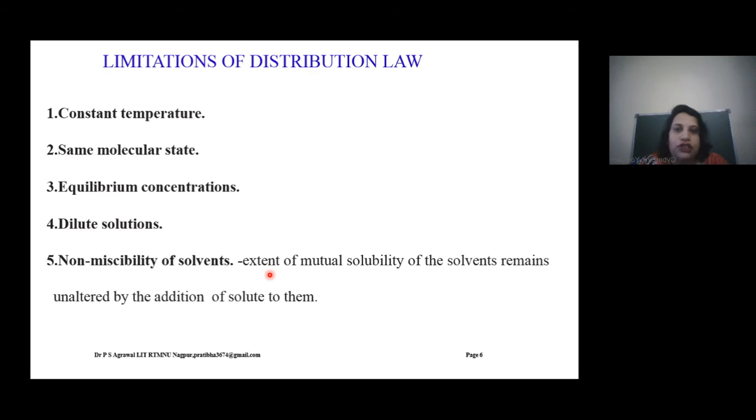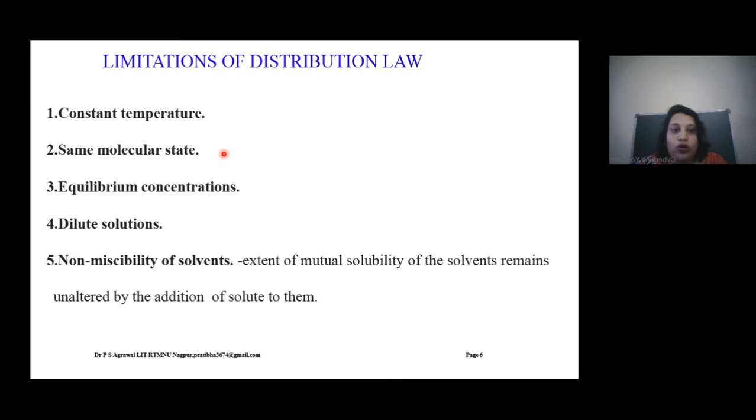What are the limitations of this Nernst distribution law? The Nernst distribution law holds good under certain conditions. First, constant temperature: the temperature should be kept constant throughout the experiment. Second, same molecular state: the molecular state of the solute should be the same in both the solvents.